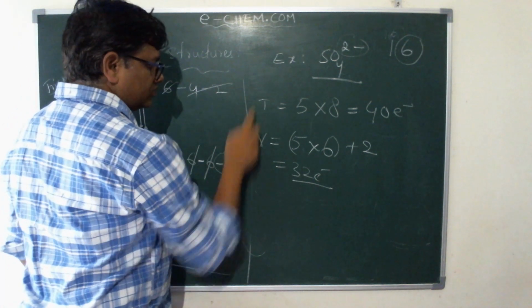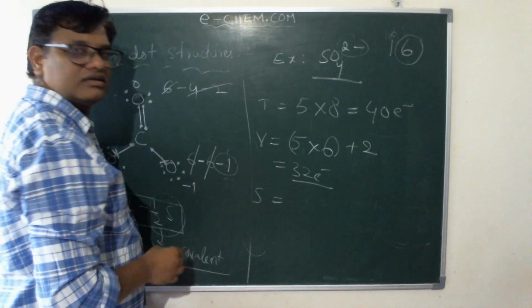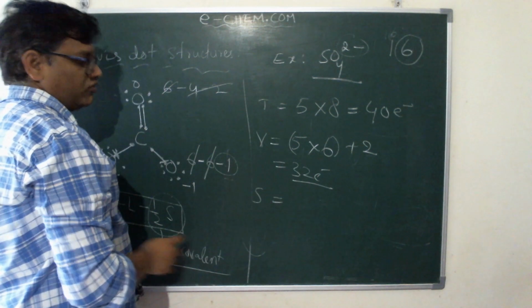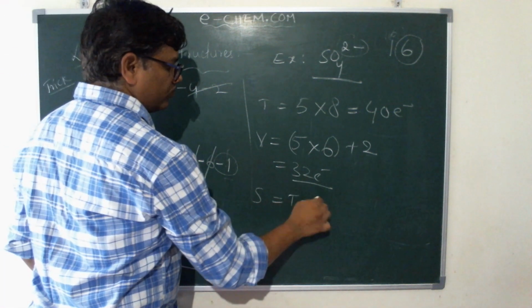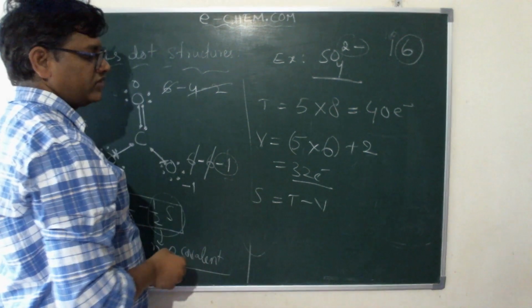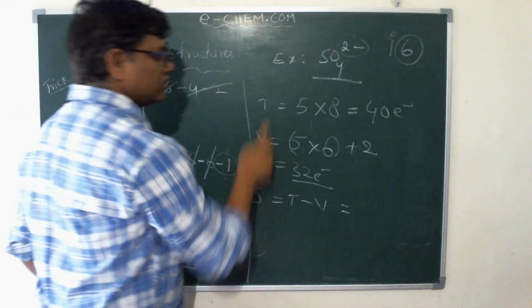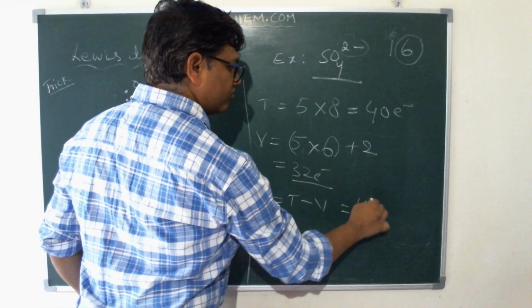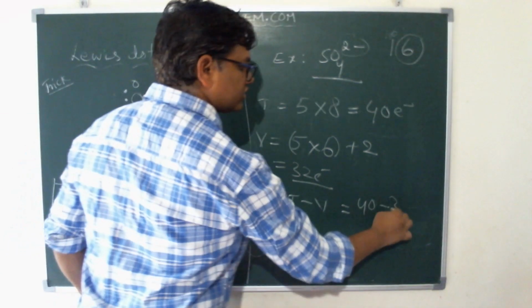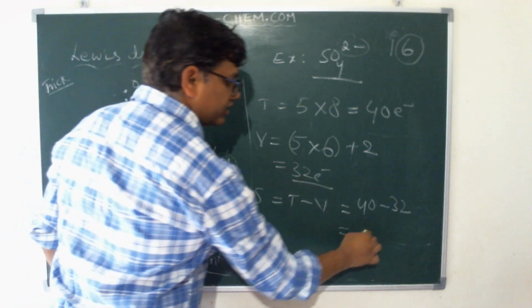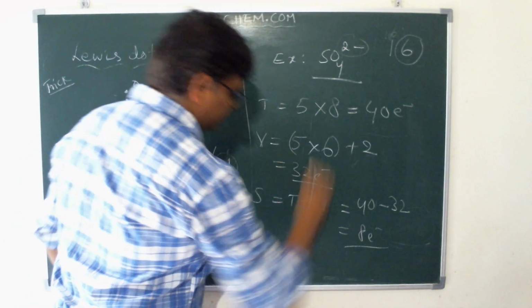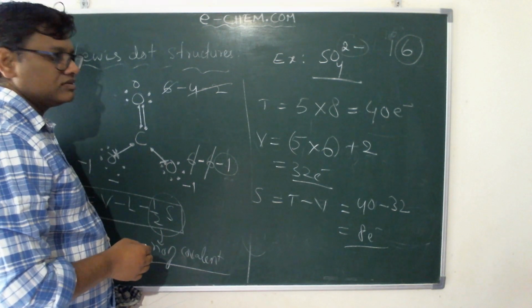Now let's find out S, the shared electrons. To find shared electrons, we have to apply T minus V. That is the total number of electrons, 40, minus valence electrons, 32. So I am getting 8 electrons. Shared electrons I got.